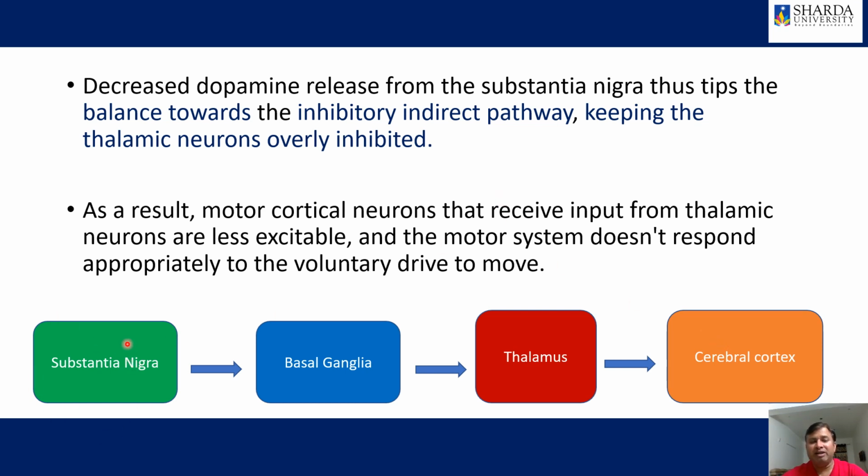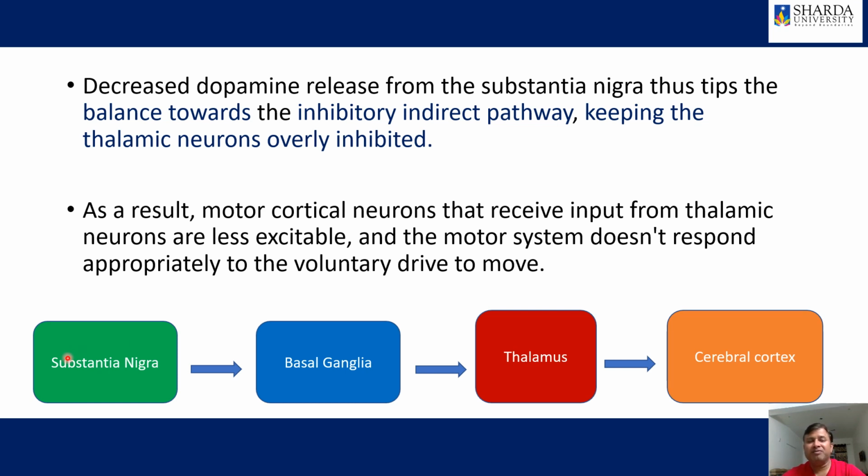Substantia nigra is a very important area of the midbrain where dopaminergic neurons are present. If for any reason degeneration of the dopaminergic neurons occurs in the substantia nigra, a deficiency of the dopamine neurotransmitter occurs. That condition is called Parkinson disease.